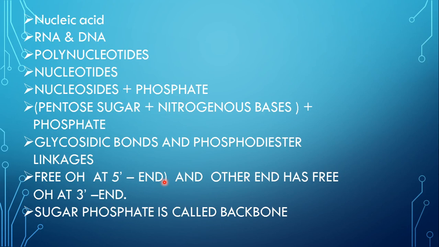So a recapitulation of what we learned: nucleic acids are present inside the cells. Nucleic acids are of 2 types: RNA and DNA, ribonucleic acid and deoxyribonucleic acid. They are both made up of polynucleotides. Polynucleotides are made up of nucleotides. Nucleotides in turn are made up of nucleosides and phosphate.